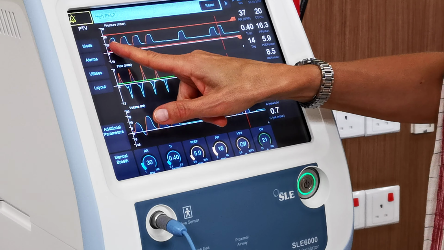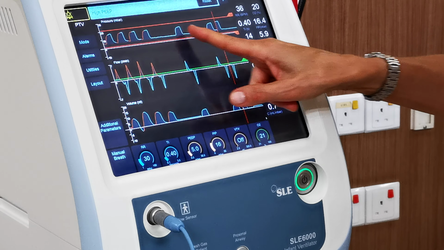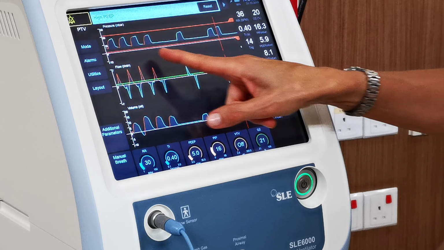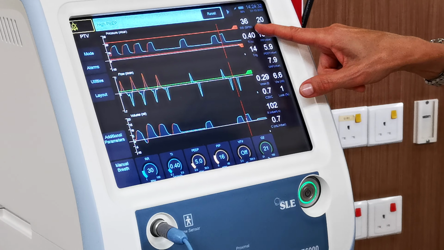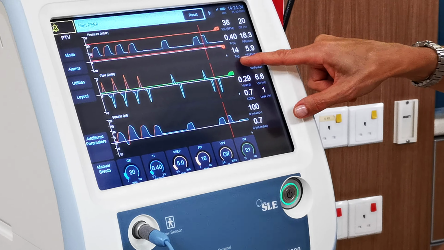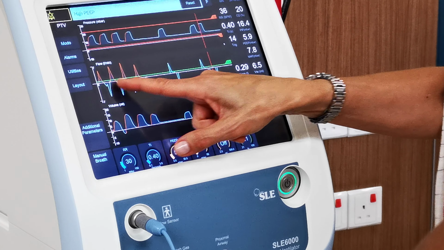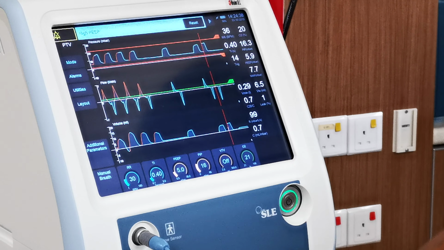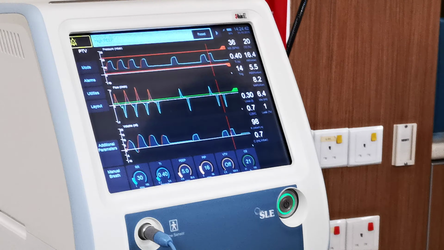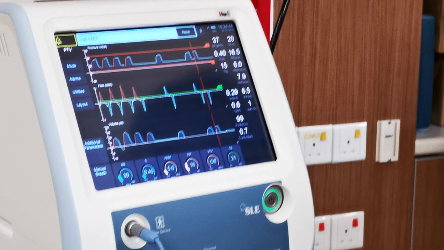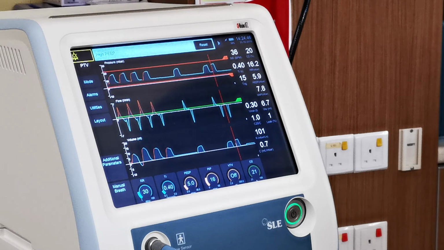This one is how many breaths a patient received over 1 minute. So here, spontaneous plus control breaths, he receives 36 breaths. Out of the 36, 14 times, the baby started the breath. So like that, you know the spontaneous of the baby, and you know if the patient can be extubated or not, if he has enough spontaneous. So this one is your PTV.